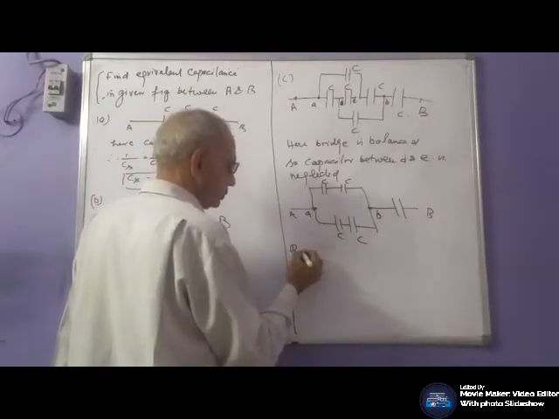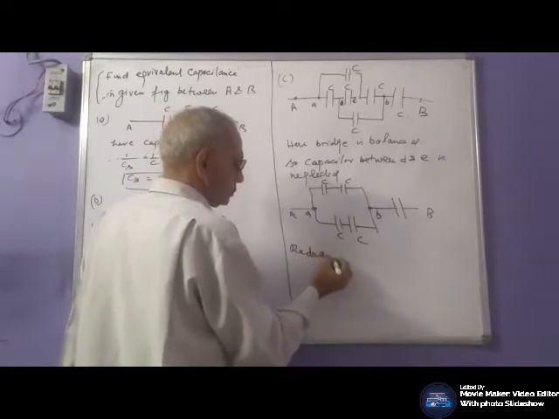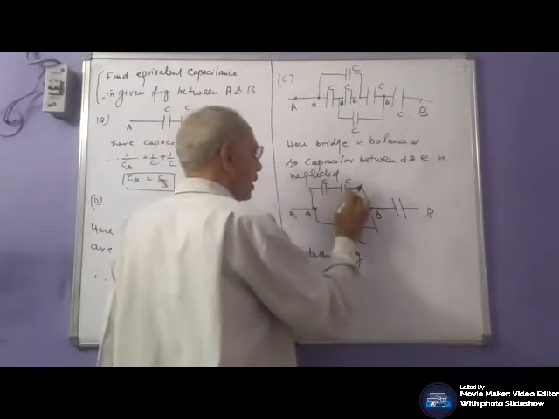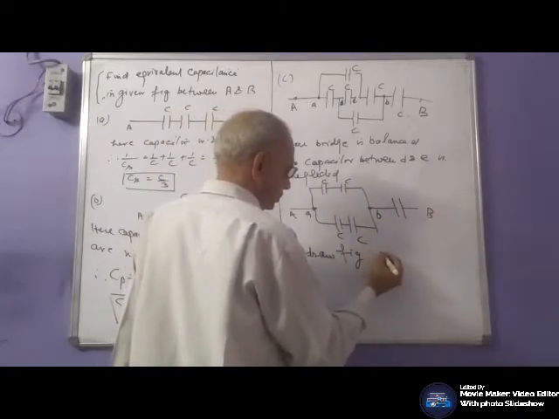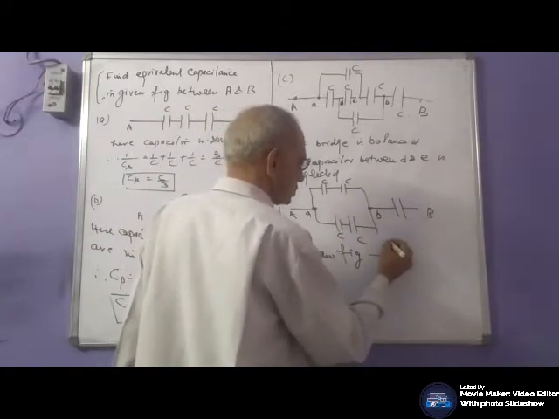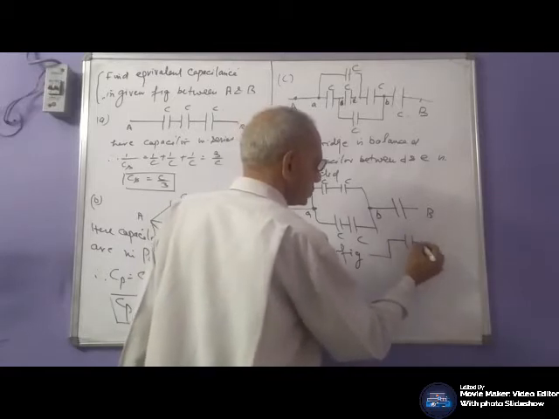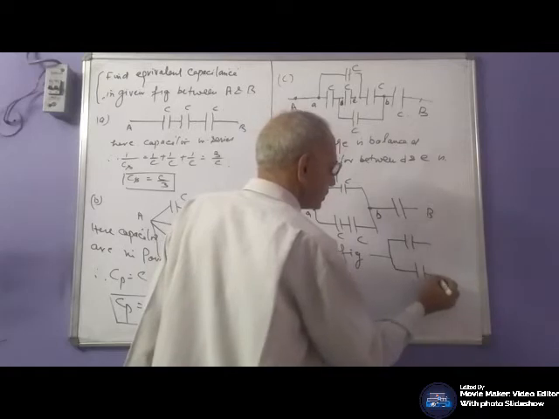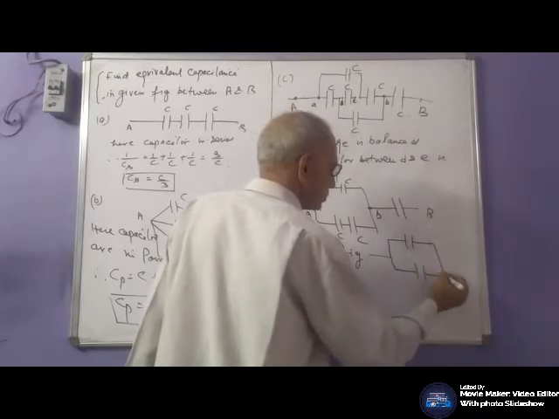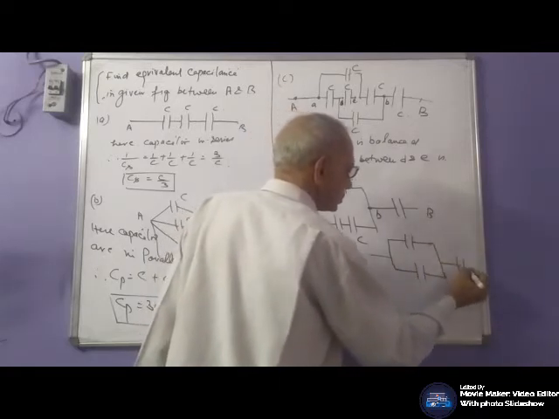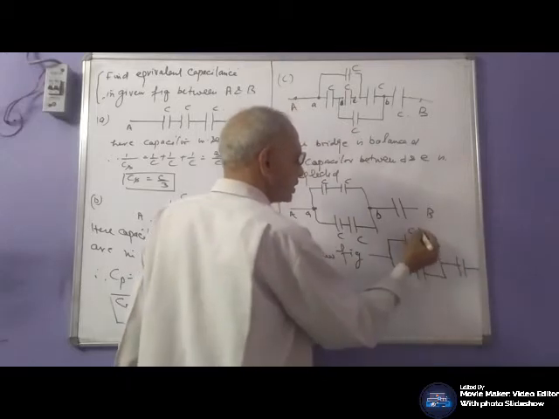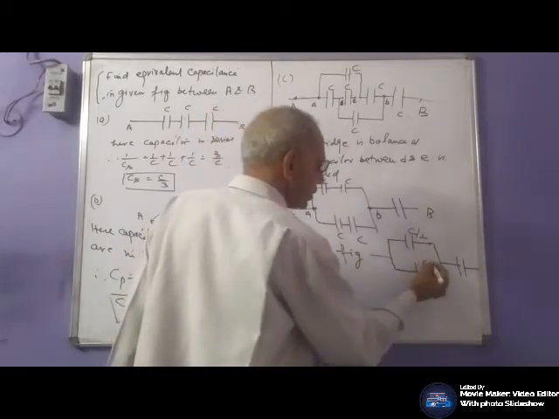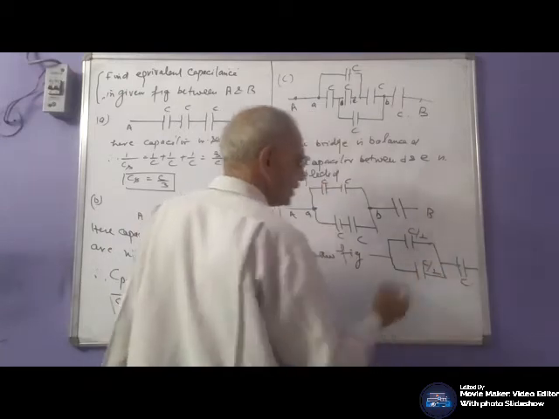Redraw the figure. Both are in series. Both are in series. This is C by 2 in series. This is C by 2. This is C.